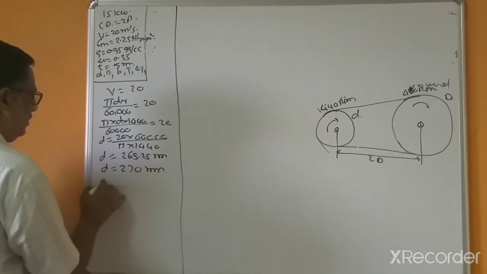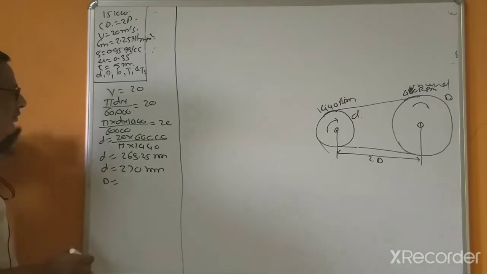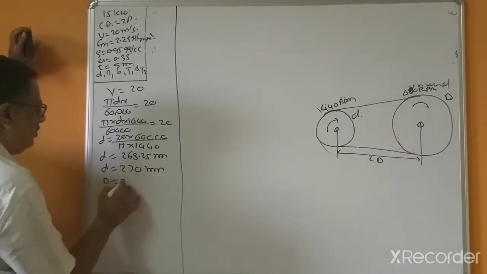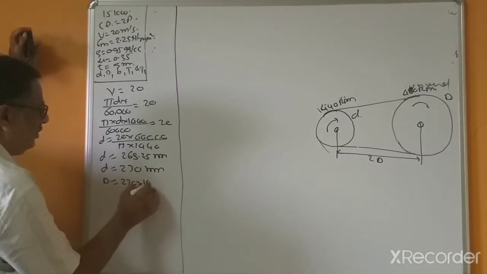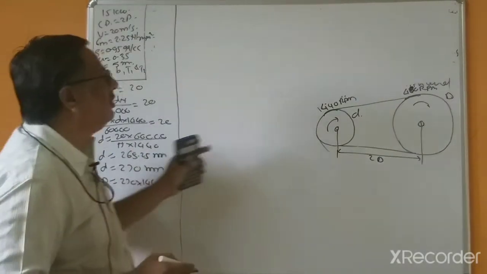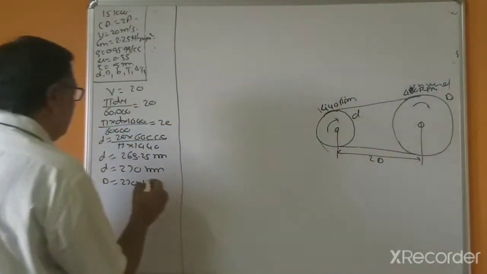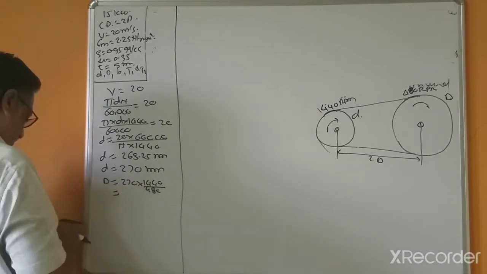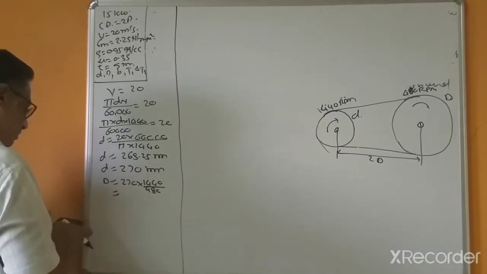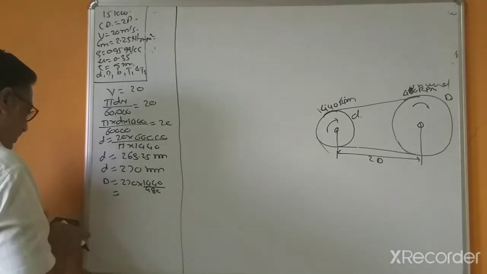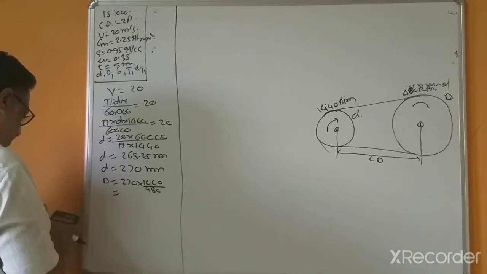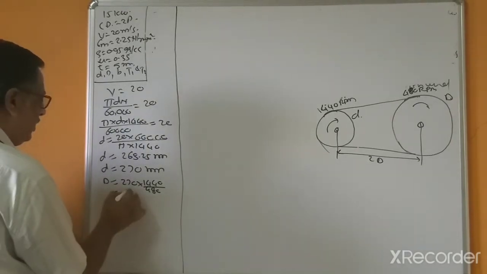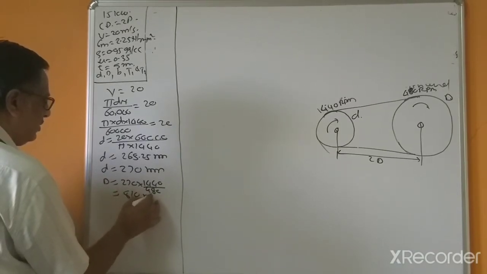Suppose we increase it, small d equal to 270 mm, a round figure. So capital D equal to 270 into 1440, because this is the velocity ratio, divided by 480. 270 multiplied by 1440 divided by 480 equal to 810 mm.